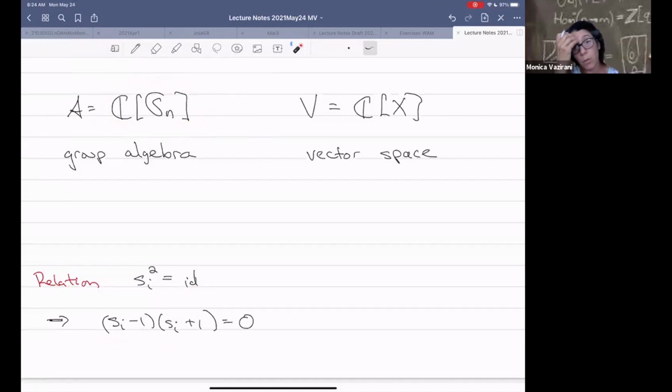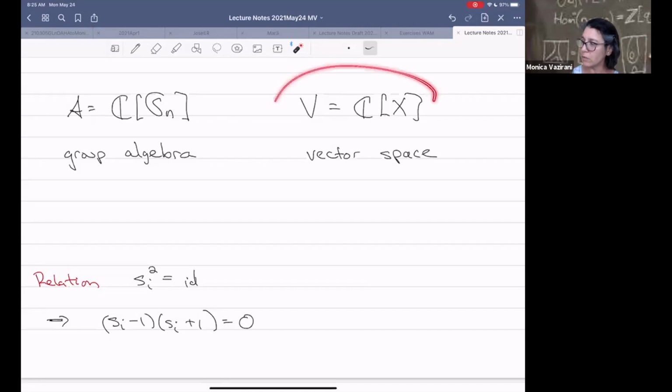And again, we saw that on the weekend with the Hecke algebra, our quadratic relation there, we could write it factored in this way. And that's really useful. It tells you about, say, eigenvalues, that when this is acting on a representation, s_i can only have eigenvalues plus and minus 1 at most. Its minimal polynomial has to obey this. And so it also shows it's acting semi-simply, which is a nice thing to know, even though since we're over the complex numbers, this kind of thing is going to happen a lot.